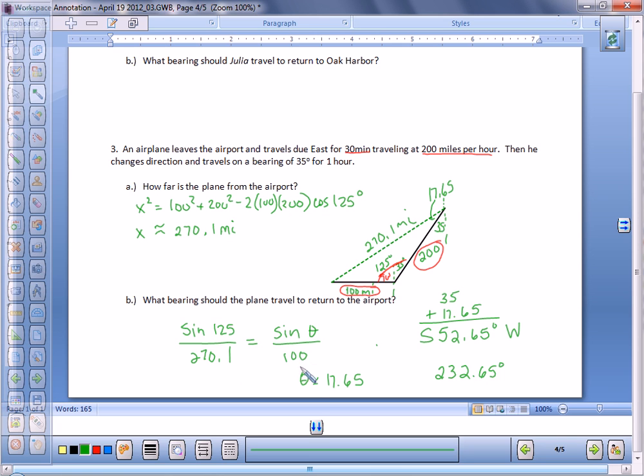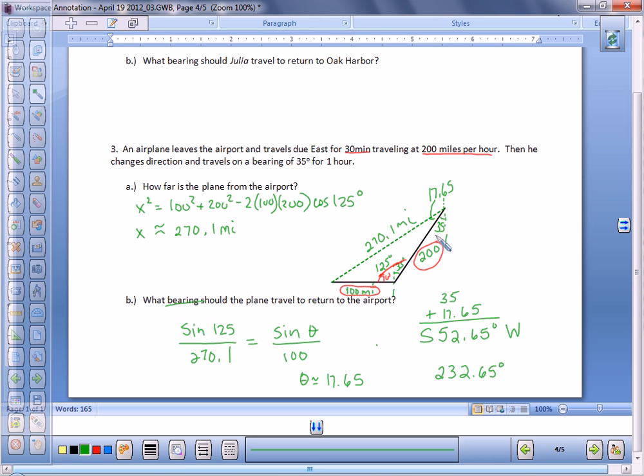So this angle inside the triangle is 17.65. Well, that's not what I'm looking for. I'm looking for the bearing. So to find the bearing from this position, I need to go back to that parallel lines cut by a transversal. If this has a measure of 35, then this must also. So this is 35 degrees.